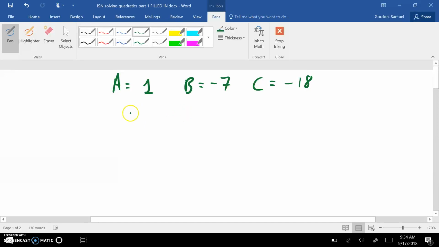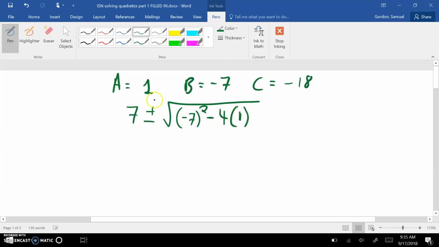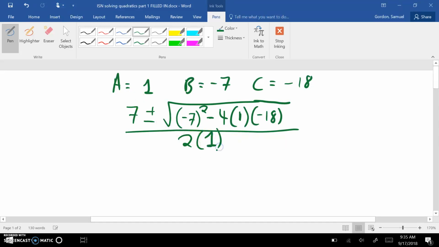So the formula is the opposite of b, so I'm going to put the opposite of b, 7, plus or minus the square root of b squared, so that's negative 7 squared, minus 4 times a, which is 1, times c, which is negative 18, all over 2 times a, which is still 1. So there we go, I've substituted everything in.